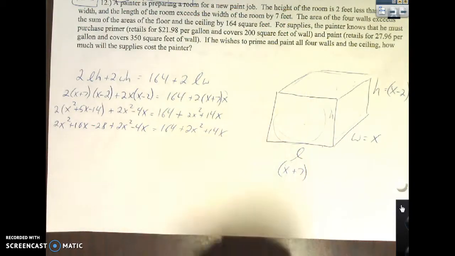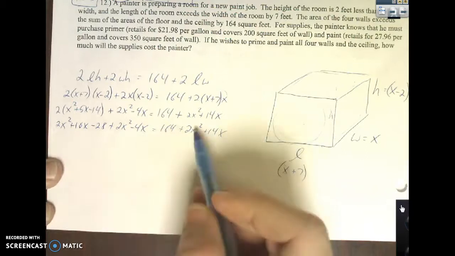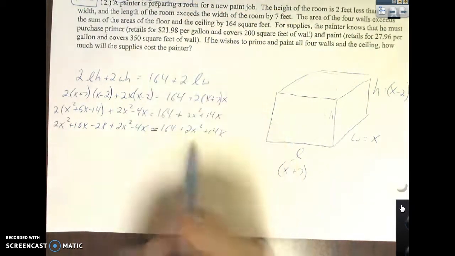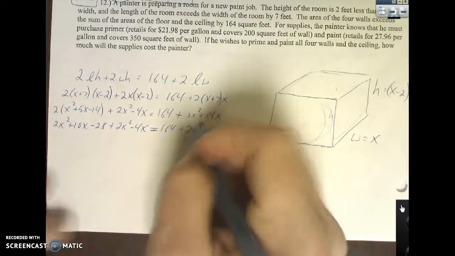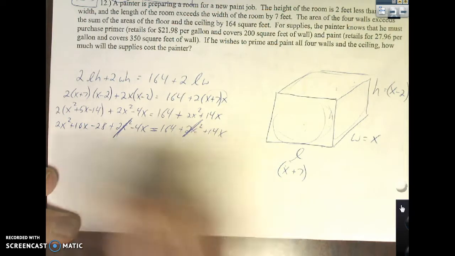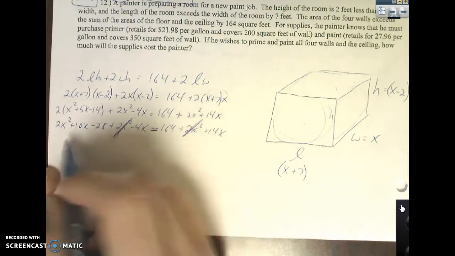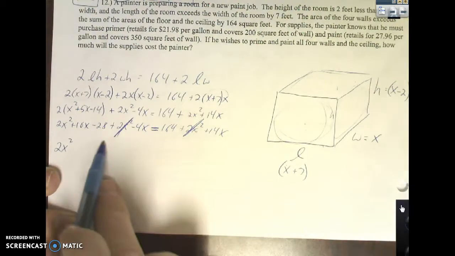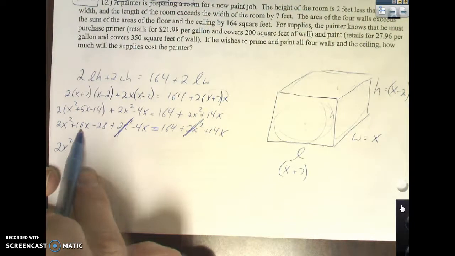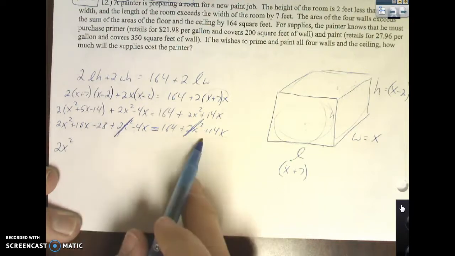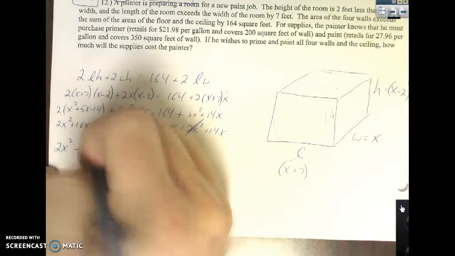Now, there's an equal sign right here. What you do to one side, do to the other side. So I can cross off the 2x squareds because they cancel out. I'm going to move everything into this side. So I have a 2x squared out front. If I subtract the 14x over, 10x minus 4x is 6x, minus 14x is minus 8x.